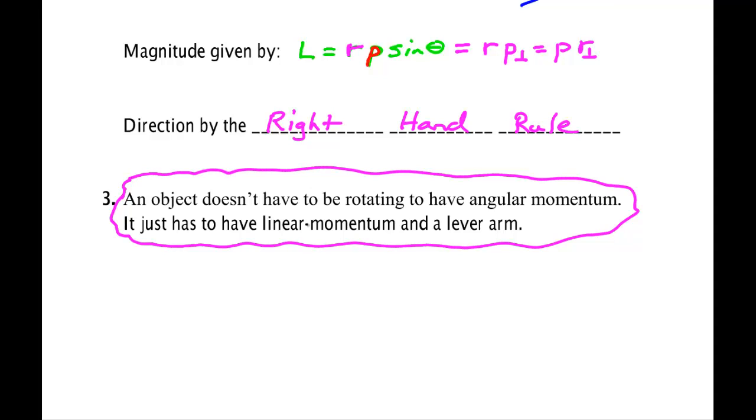An object can have angular momentum even going in a straight line. For instance, if you had a proton here, or let's say the nucleus in atomic physics, and you had another particle, maybe a proton, going like this with some velocity, then it would have some p.